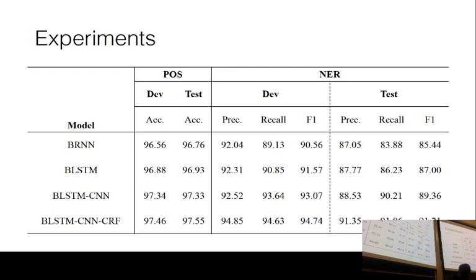So you can see that substituting a standard RNN with LSTM does slightly better. Adding the subword information, the character level information with the CNN further increases the performance. But you can see that the final jump to something even better is achieved using the final CRF module, because now we can have exact inference over all of the sequence.